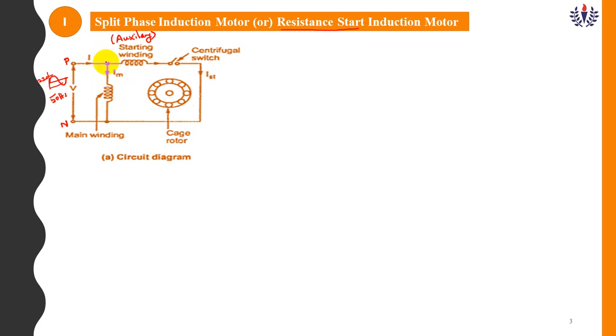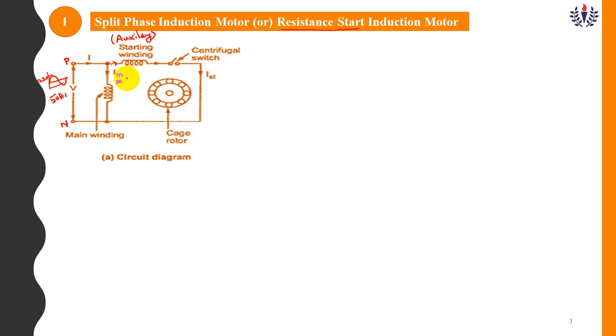You see the current, this is my total current. It enters the junction point, and once it enters, the current is distributed to these two windings. Whatever current enters the main winding is Im.